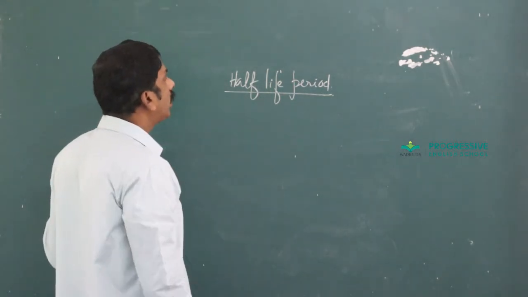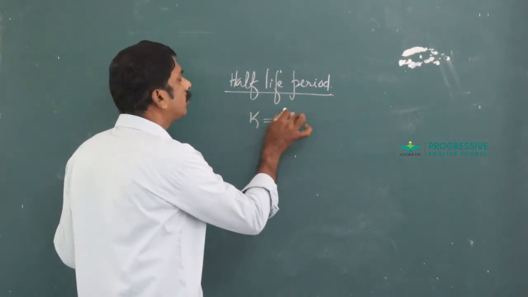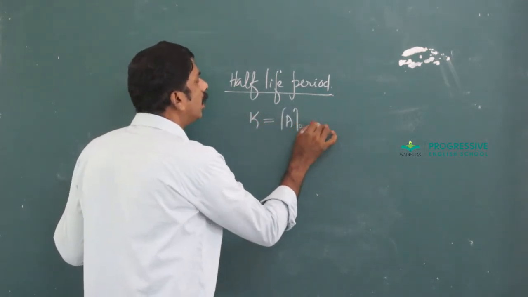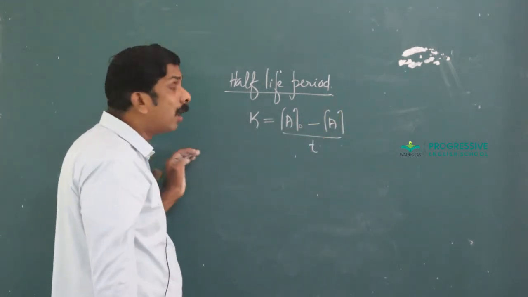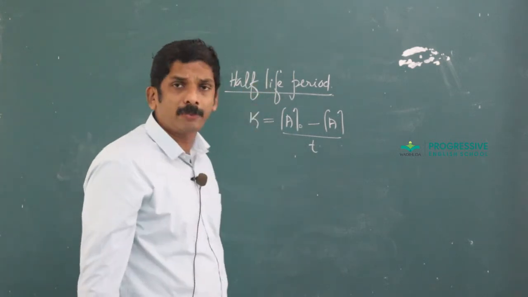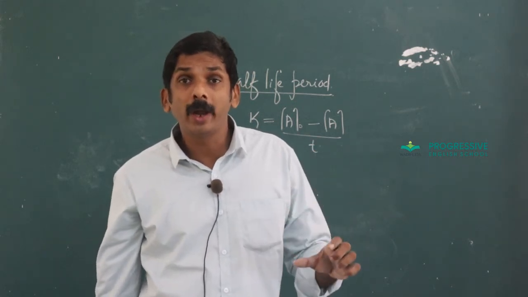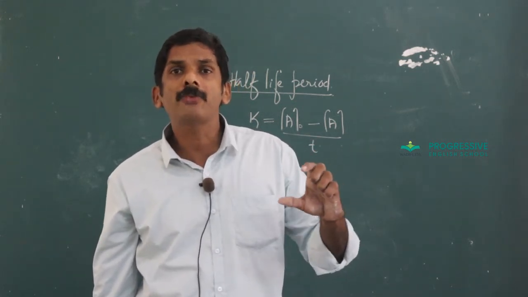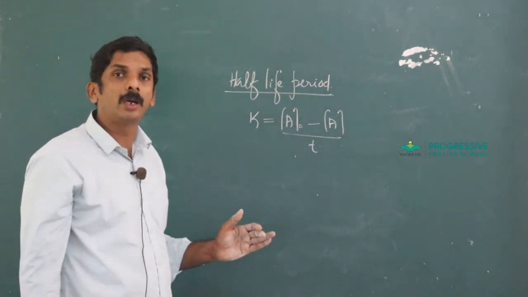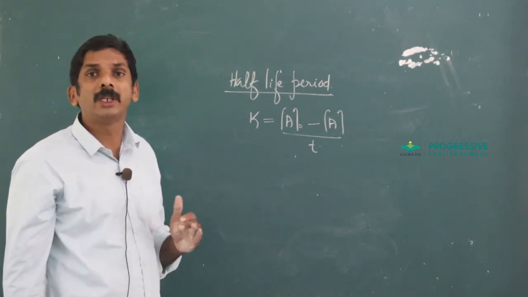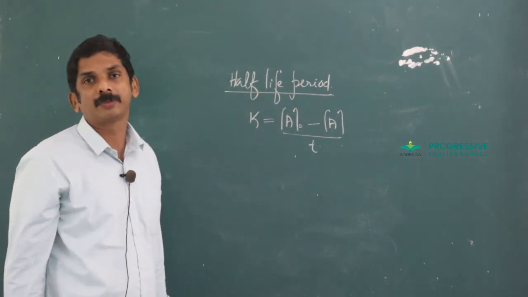As you know, the integrated equation for a zero order reaction is A0 minus A divided by T. Half-life period is the time required to reduce half of its initial concentration.